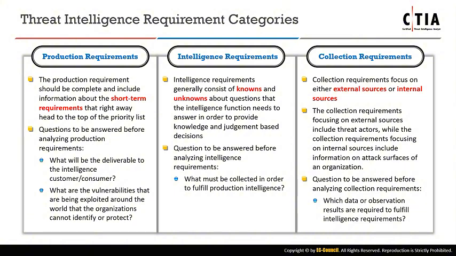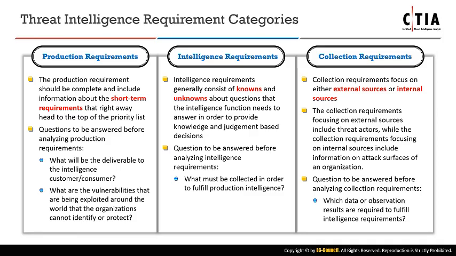Next, we look at intelligence requirements. Intelligence requirements generally consist of knowns and unknowns about questions that the intelligence function needs to answer in order to give us knowledge and judgment-based decisions. Remember, we talked about known knowns and unknown knowns and unknown unknowns. We talked about those in the past.